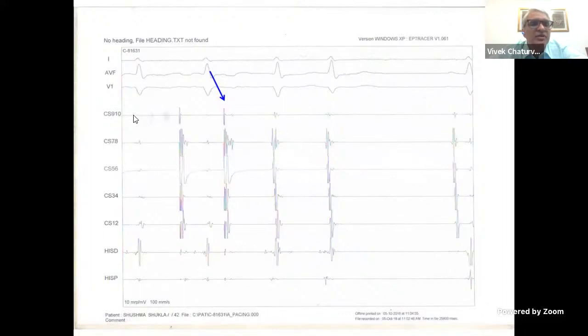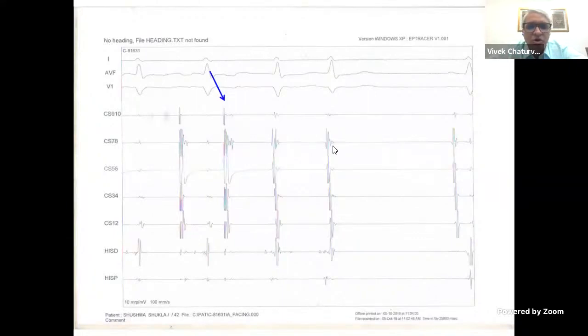And now look at the last two beats of interest. Clearly what you see aligning with the surface QRS is not the V of the CS, because the V of the CS is very small. We saw that in the first beat. Now we are seeing these sharp, brisk, high amplitude signals. So this is an A falling on V, which Yash sir has already explained to you.